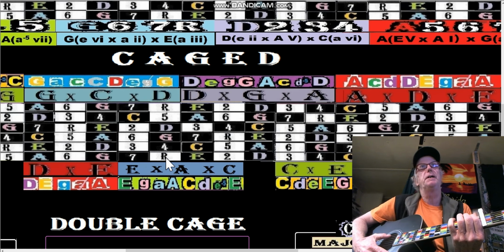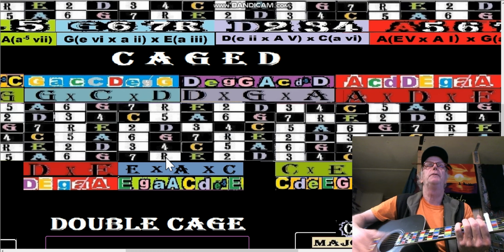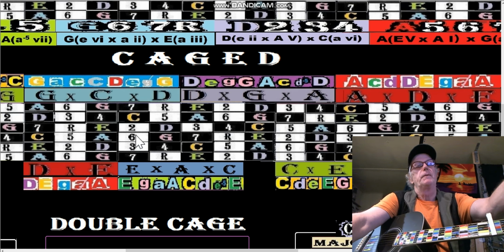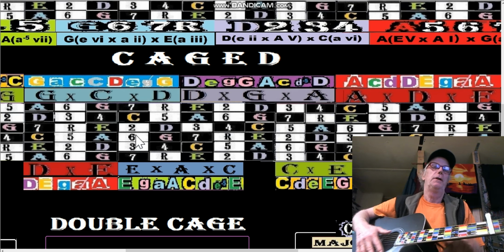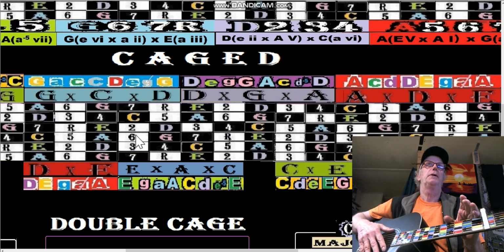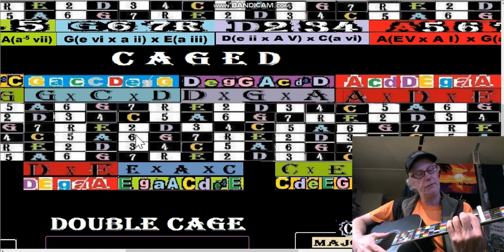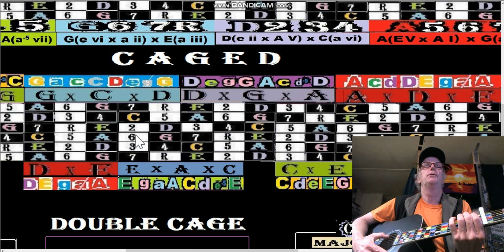What inversion is it? Root 6 root 3, so it's going to be root 3, 6, first inversion. So you have to remember that the E shape, the relative minor is first inversion. Okay, so it's root 3, 6.